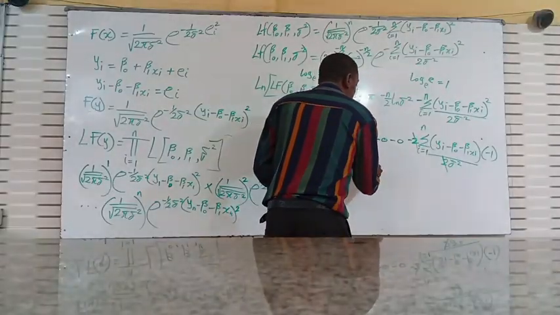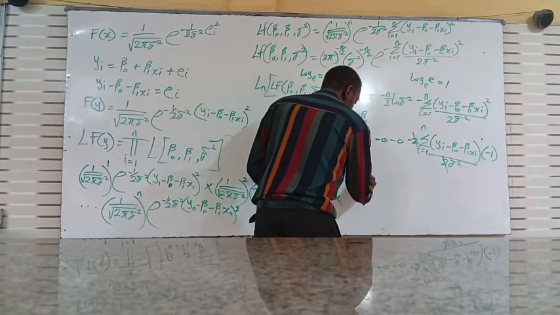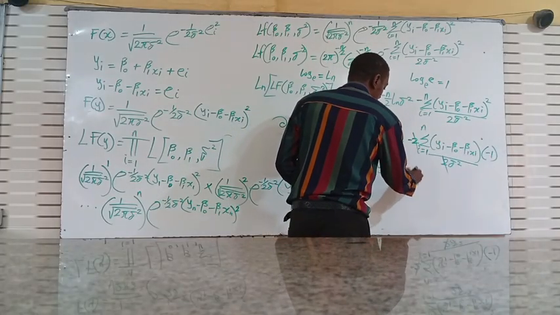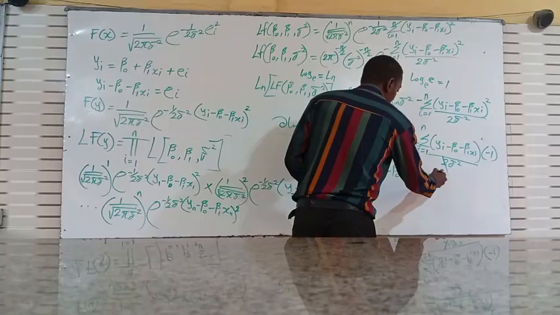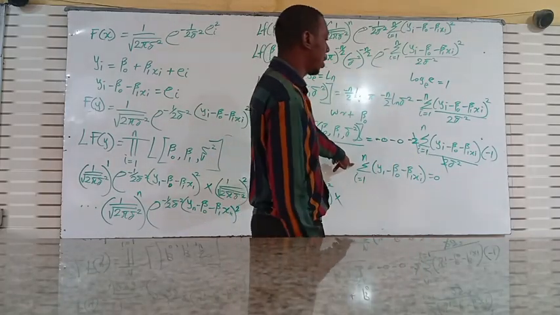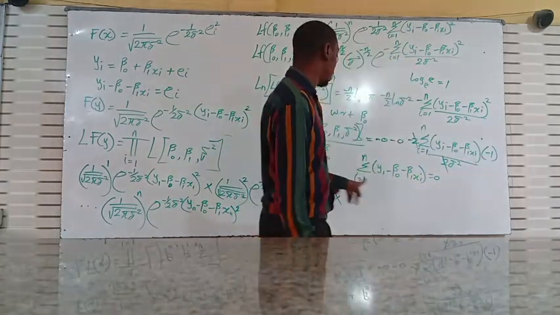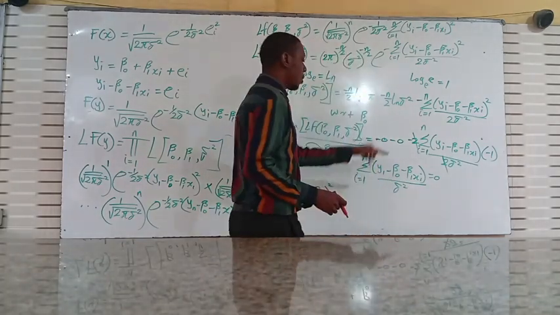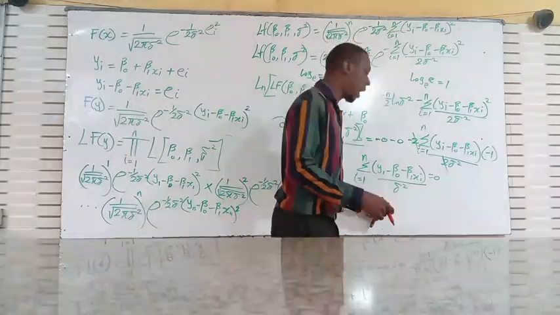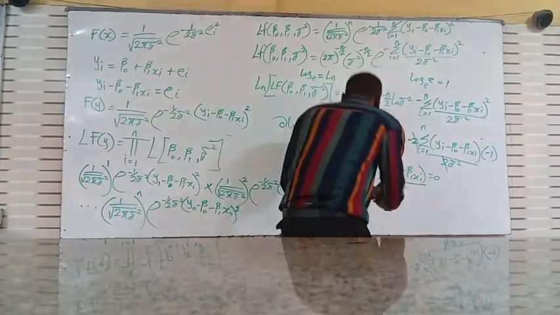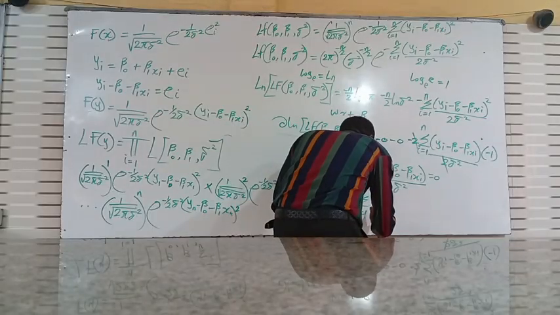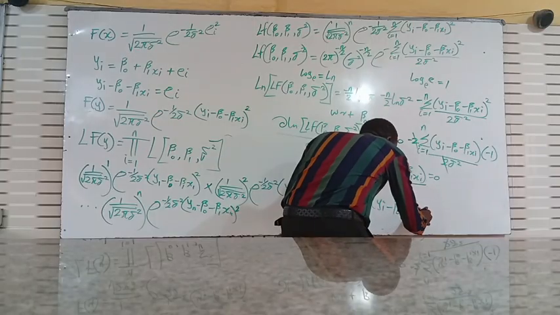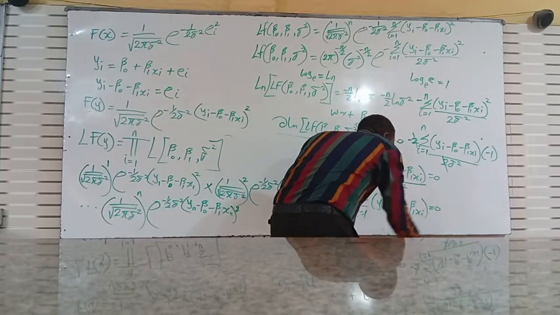So I'm now left with the sum of i ranging from 1 to n, equals 0. Remember why we are not having a negative here: because minus 1 times minus 1 gives plus. So all over sigma square. Now, if I cross multiply here, sigma square times 0 is still 0. So I'm left with the sum of (yi minus b naught minus b1 xi) equals 0.